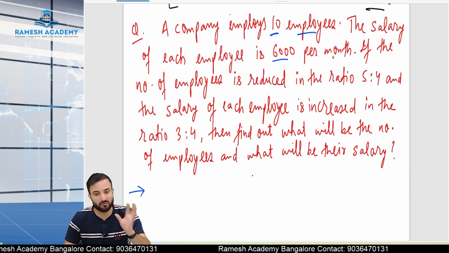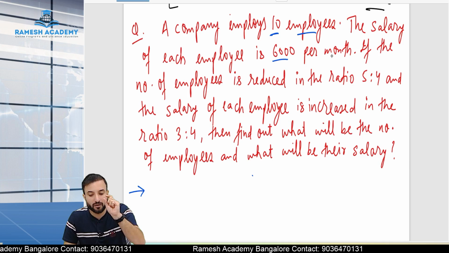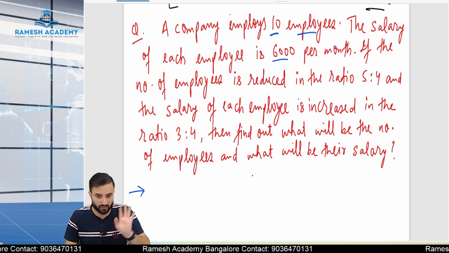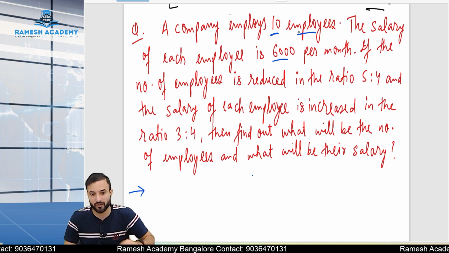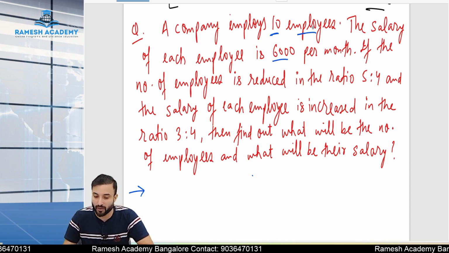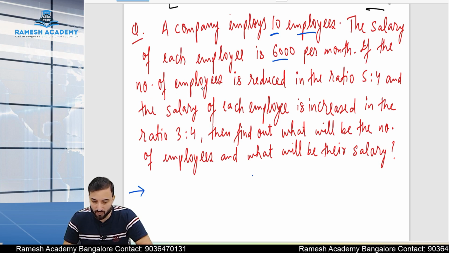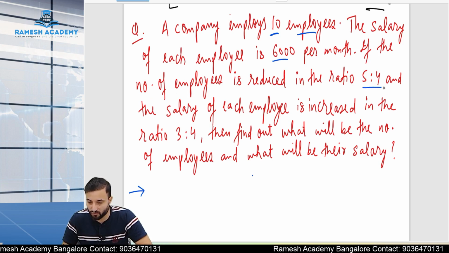So they said that total number of employees is 10, salary is 6,000. So first of all we will see about the employees. They said a company employs 10 employees. If the number of employees is reduced in the ratio 5:4.